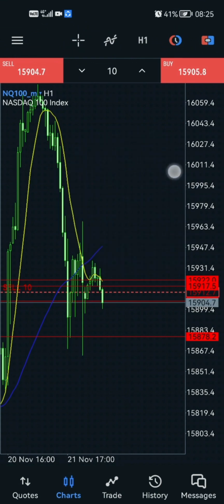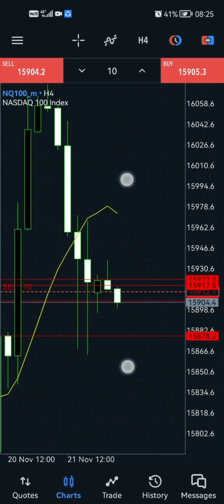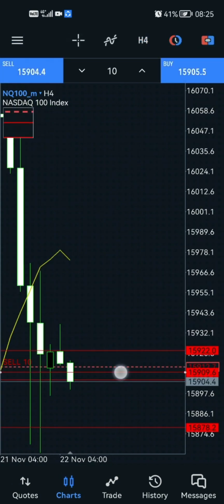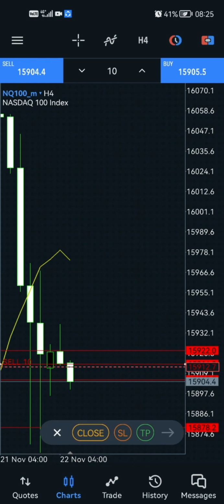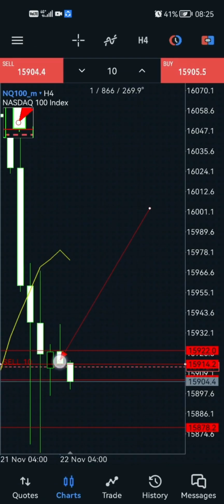Today, actually, this is a continuation of yesterday. So today is the 22nd. Nasdaq has been going up and down, but currently, if you guys can see here, there's support over there. Buy and sell right next to each other, close of candle.